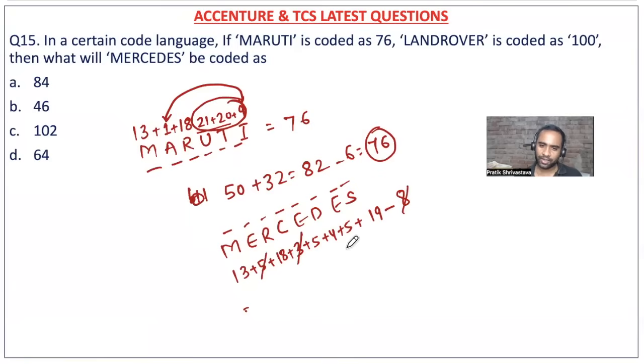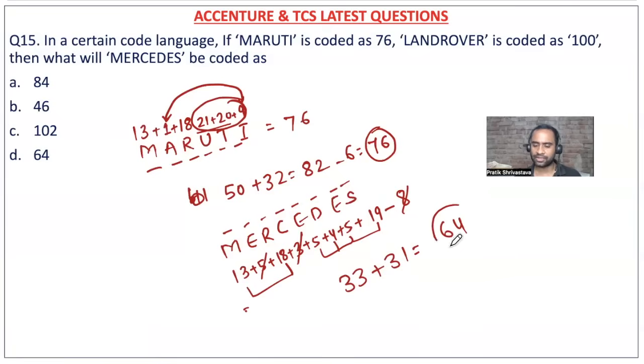Now 5, 5, 10. 10 plus 19 is 29 and 33. This is 33 plus. Friends, try to break it and then it will be easy for you to calculate. 18 plus 12 is 30 plus 31. So this will be 3 plus 1, 4, and 3, 3, 6, 64. You will be easily able to do it in the examination, right?